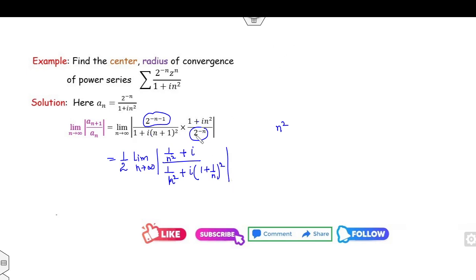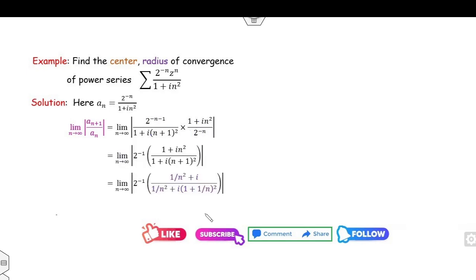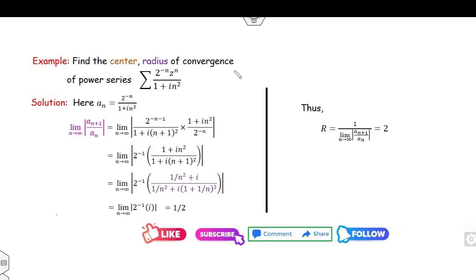Now you can take the limit as n approaches infinity. This value will be 0. This value will be 0. This value will be 0. So it's a half i divided by i, absolute value. It will be my half. Hence, the value of R is my 2. Once you compute the value of R, you can write the interval of convergence: |z minus 0| is less than 2. So therefore, the center is my 0, the radius is my 2.